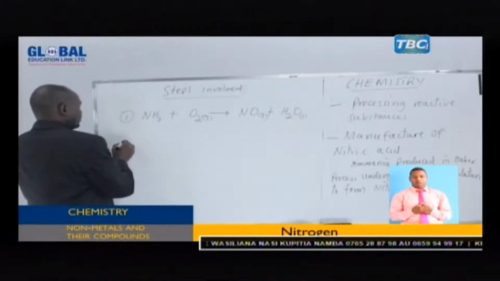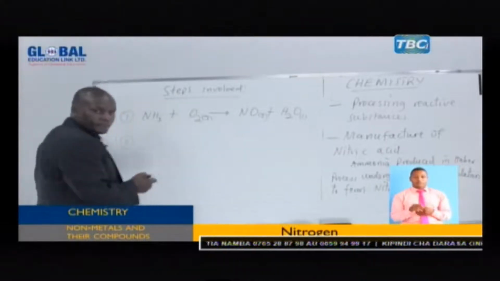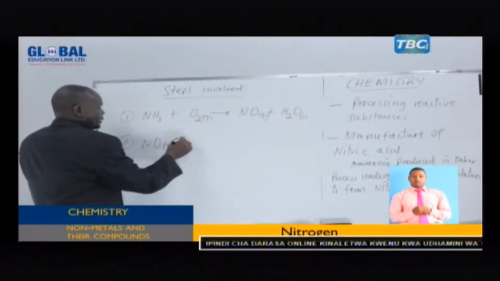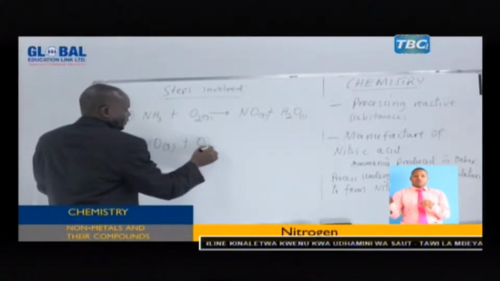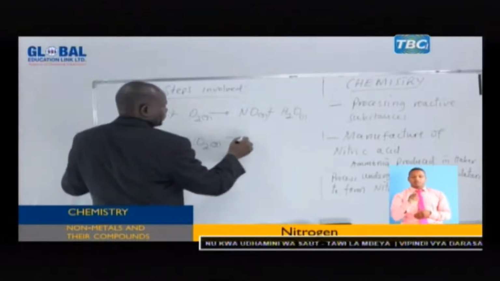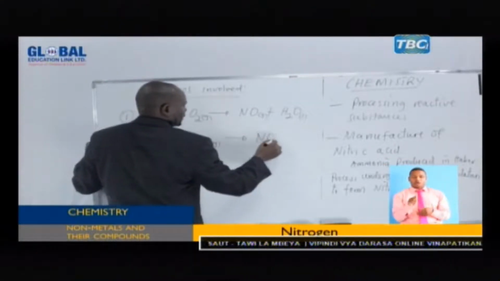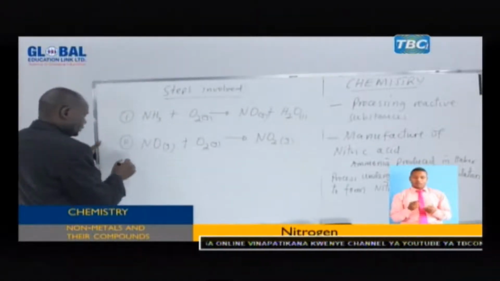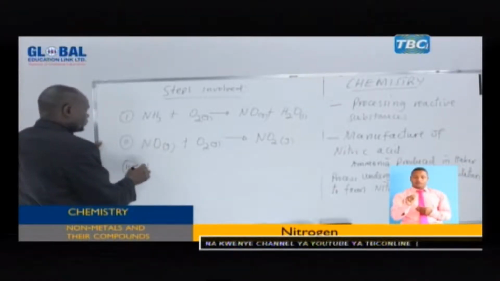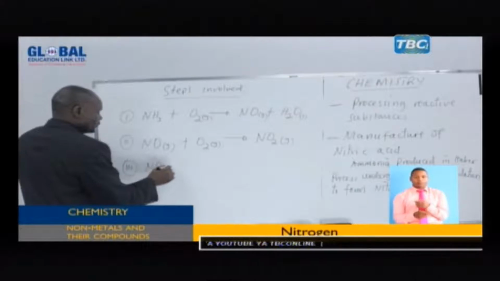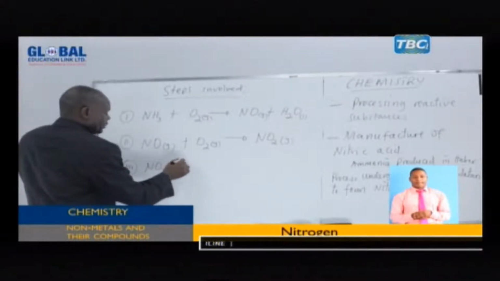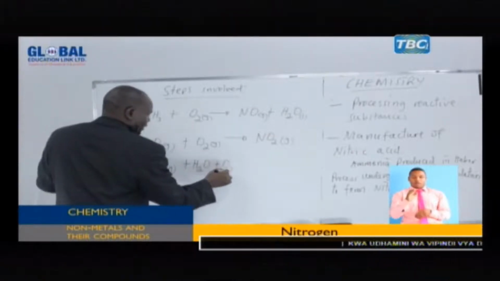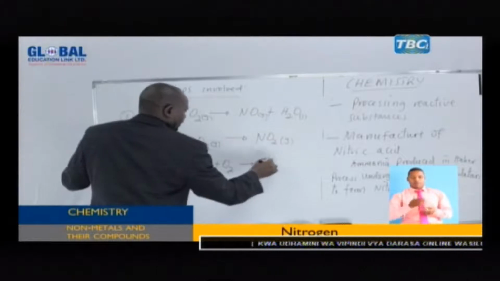The second step is that the nitrogen monoxide gas is further oxidized in presence of catalyst into nitrogen dioxide gas, whereby the third step is that the nitrogen dioxide gas is oxidized in presence of water and forms nitric acid.